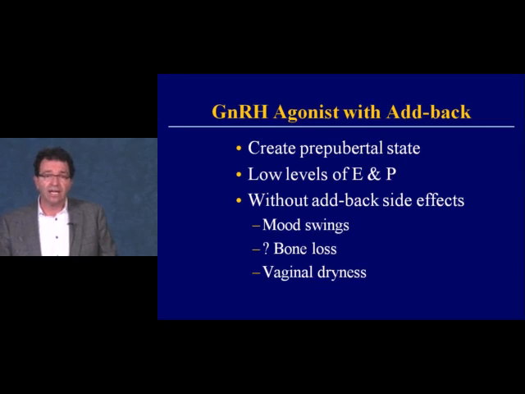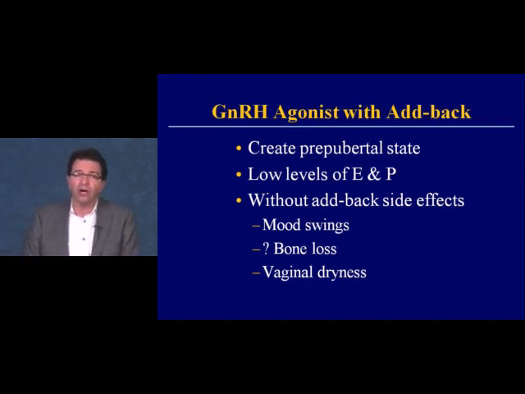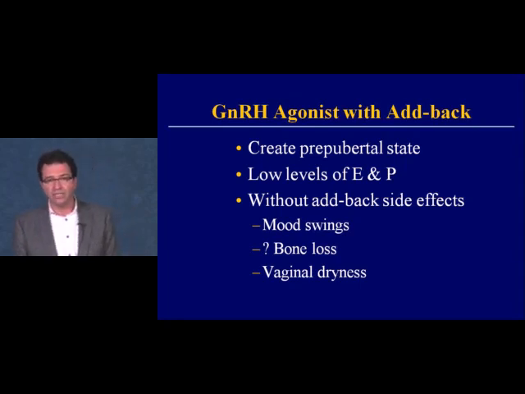GnRH agonists can be utilized. We specifically use them with add-back therapy. So just to remind you, with a GnRH agonist, we are lowering estrogen and progesterone. It's creating a prepubertal state. As many of you may know, these are the same medications that are used to treat precocious puberty.